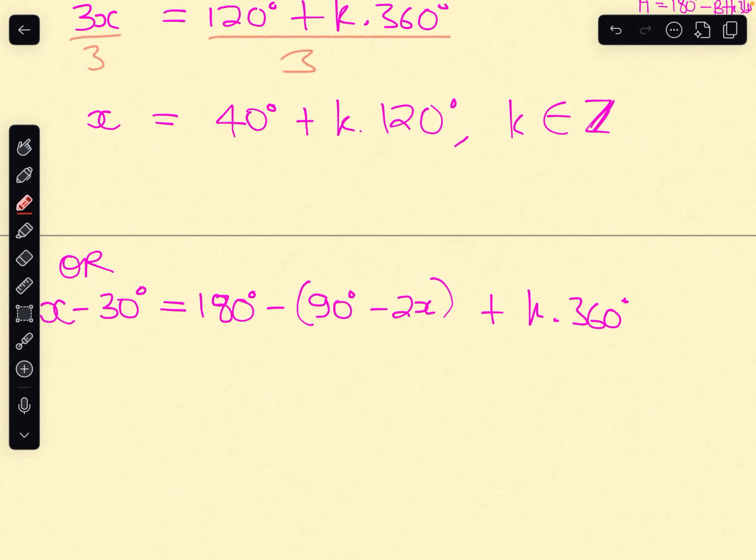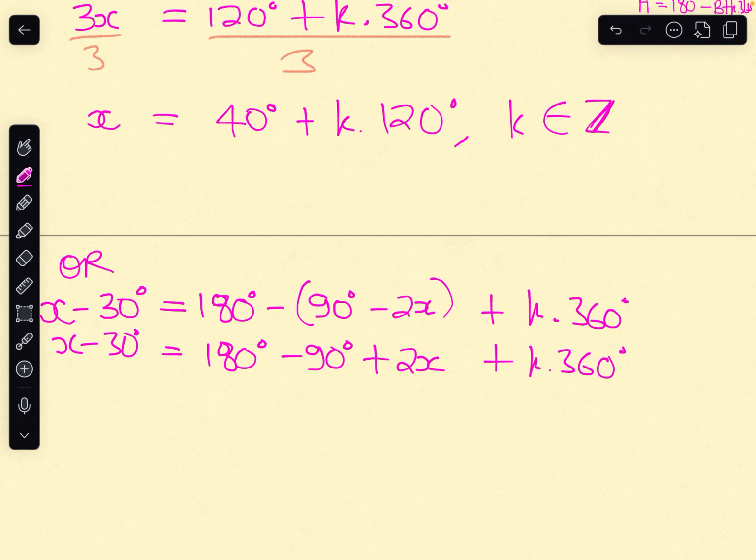And then this one we just need to tidy up a bit. So this is 180 minus 90 plus 2x plus k360. On the left we have our x minus 30, and then again we subtract 2x, and over here we add 30.